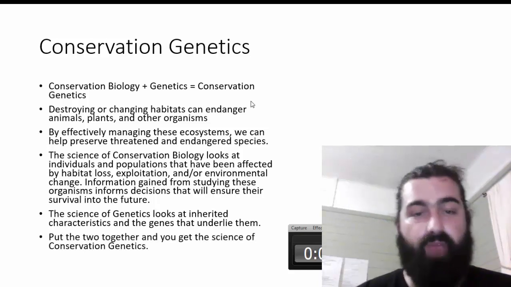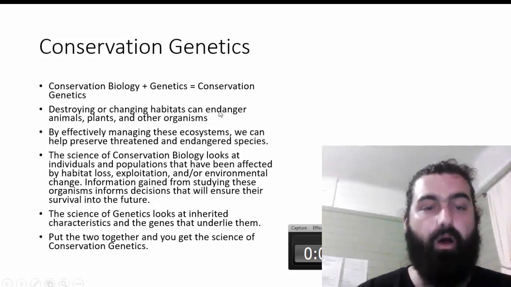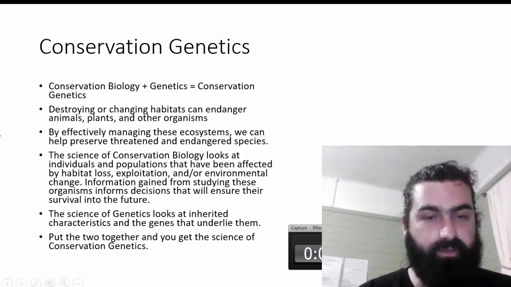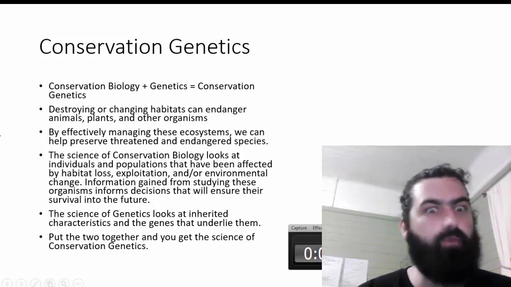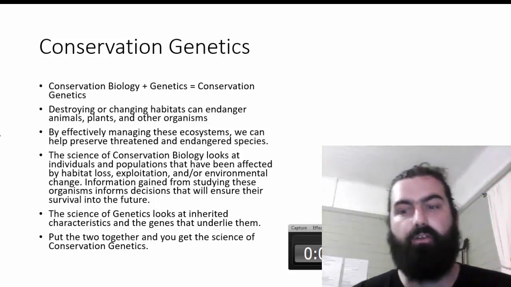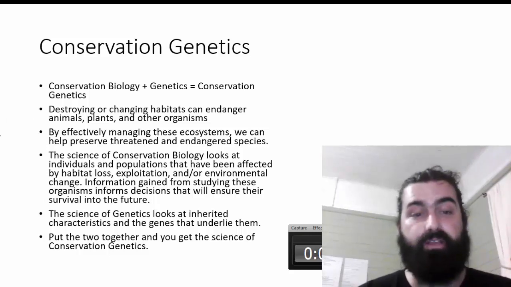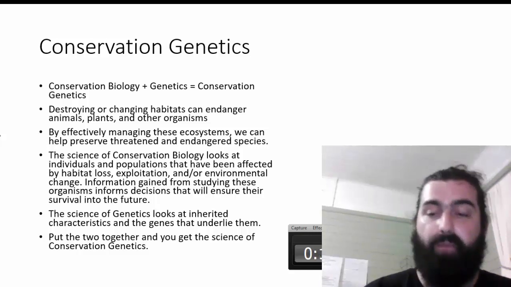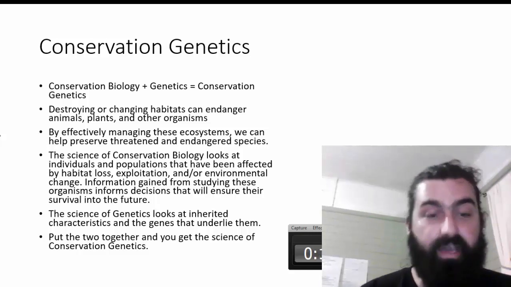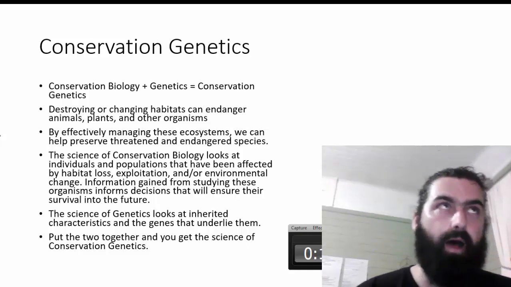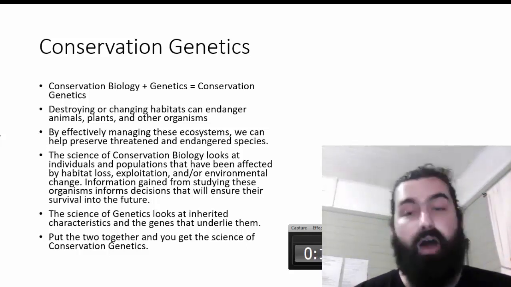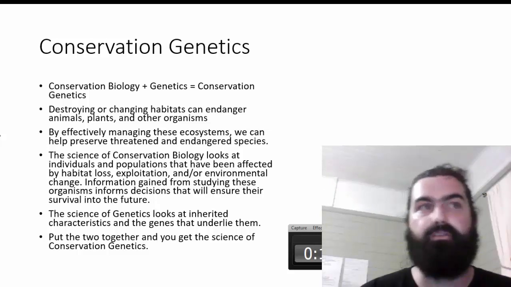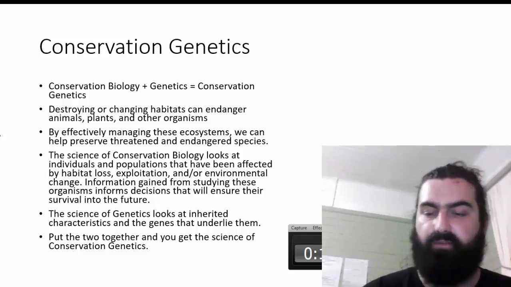In other words, taking all of that information, we can learn about what has happened to populations, and then sequencing out the genetics and seeing what we can learn from the genetics of those organisms, put that together, conservation genetics. And that gives us a really powerful tool for investigating how genetics can be harnessed to give organisms and populations a better chance of survival.